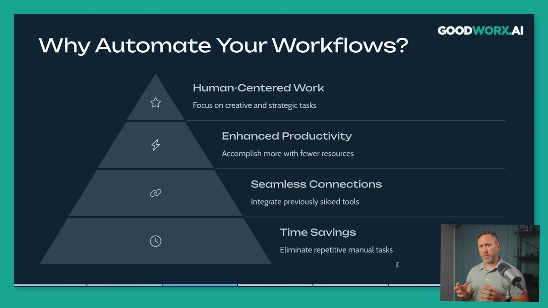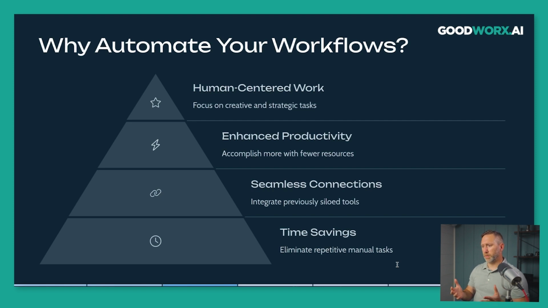But the power of automation, especially with Make.com, is you can connect those applications together and allow them to talk back and forth and pass data back and forth. So that's really powerful. So now you're essentially gathering all your tools together and making them work seamlessly together.